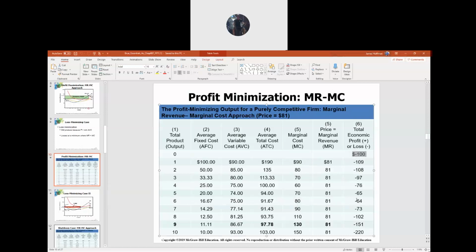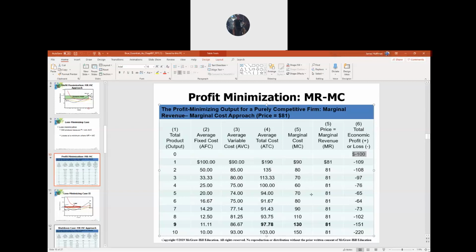If they produce, they only lose 64. So it's not ideal, but this is the best case scenario for this firm, in which they're going to minimize their losses by producing. They'll cover some of their costs, not all of them, but it's better than just losing the whole fixed cost. It'll make sense once you see the loss minimization of 64 is better than just shutting down and losing 100.